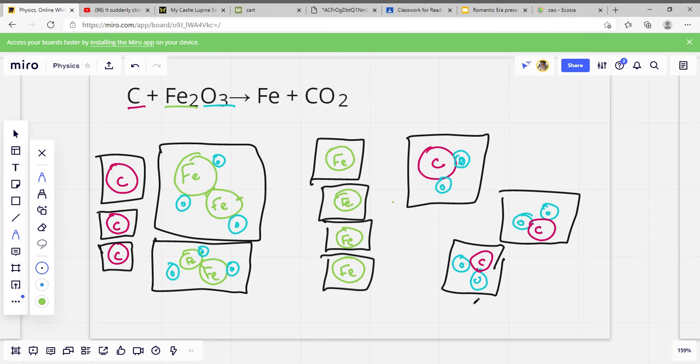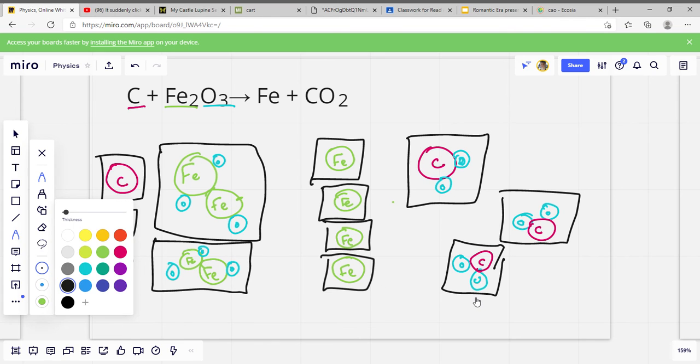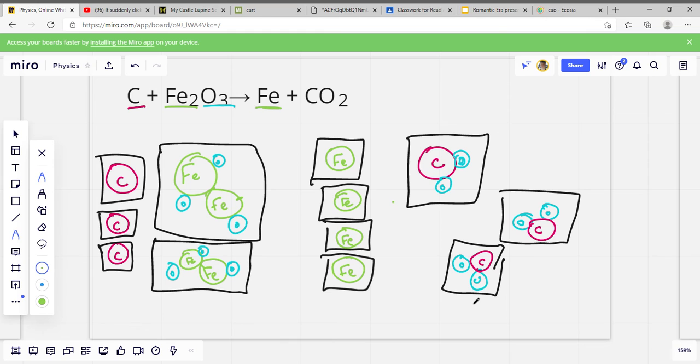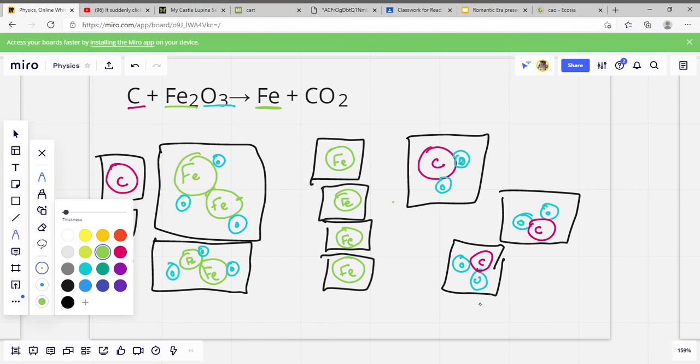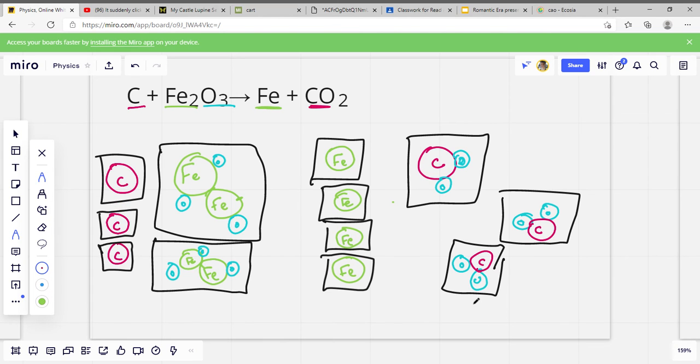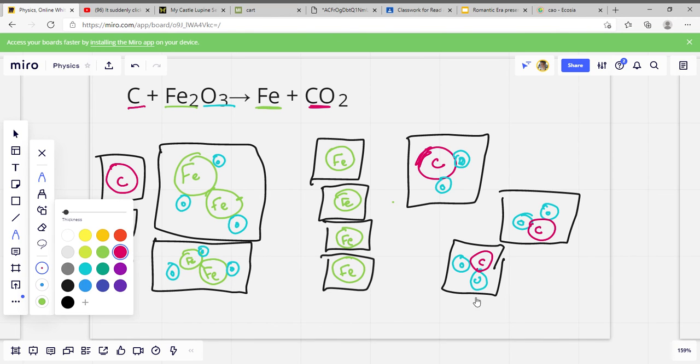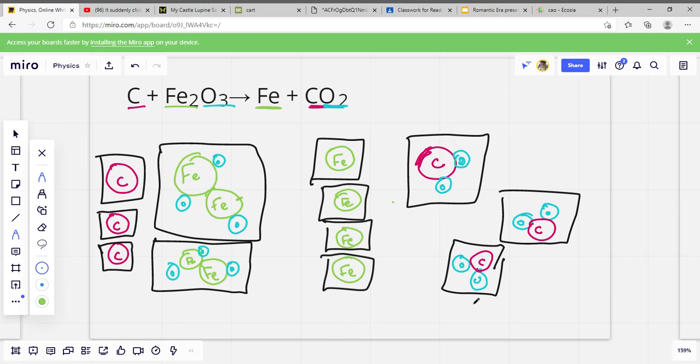Okay, so this Fe by itself right here is this. Okay, and then the CO2 would be CO. Okay, that's over here, the C. And then the O would be the O2 right there. Each one of these has 2 oxygens.